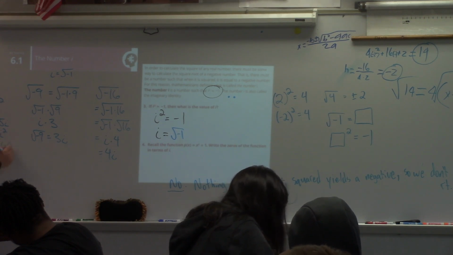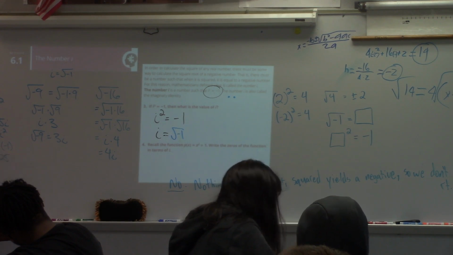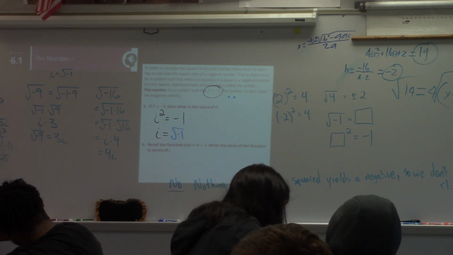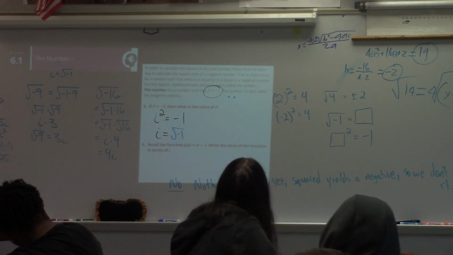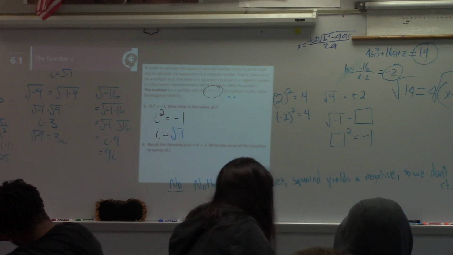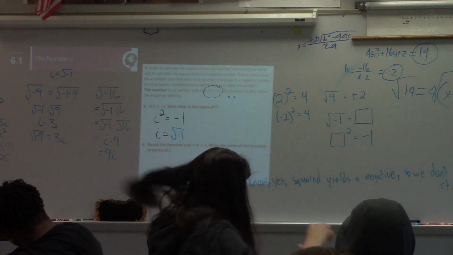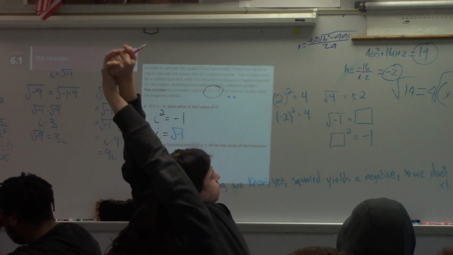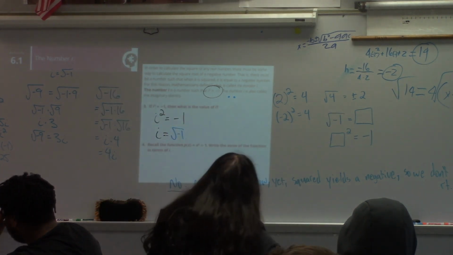That's 25 times negative 1 then, which is negative 25. By introducing the number i, now when I square something, I can get a negative. That's the whole point of the imaginary numbers, is that when I now square an imaginary number, I can get a negative. So 5i squared.